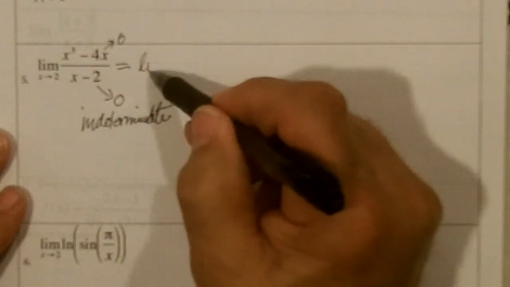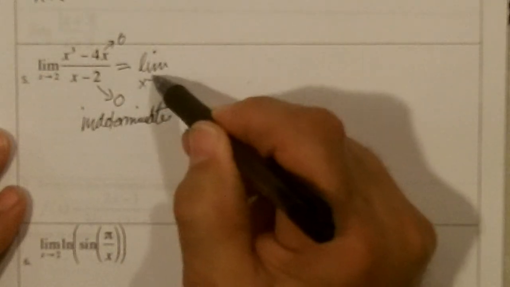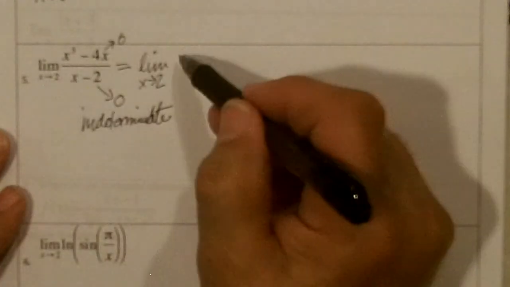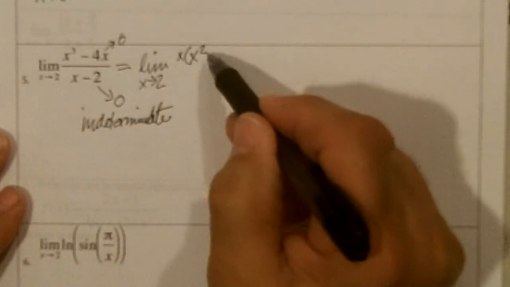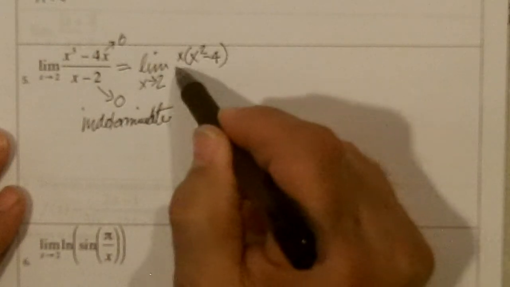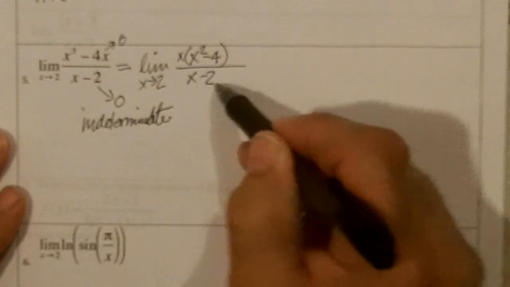So we get the limit as x approaches 2. If I factor the numerator, I can factor out an x, and I get x times (x squared minus 4) over x minus 2.